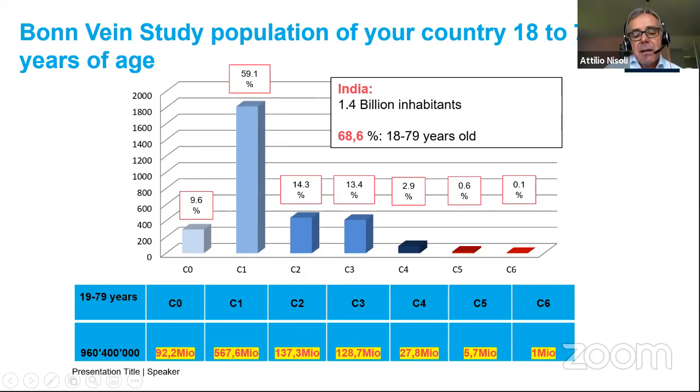Or with varicose veins, the official number would be 137 million, and so on. And at least as an official number, there would be 1 million people affected with an active ulcer. So this is more or less the situation we come across right now in your country.